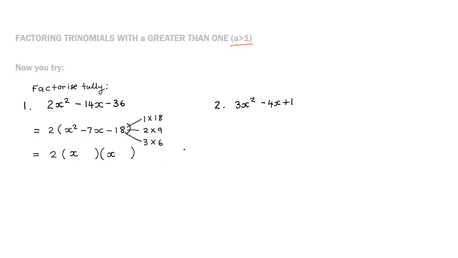Out of these factors, we can see that in order to get to a 7, we are obviously going to have to use this 9 and the 2. Then we need a minus 7, so we can have a minus 9 and a positive 2.